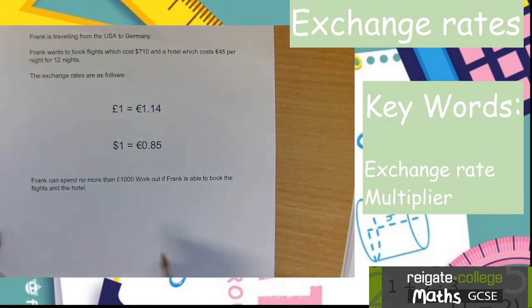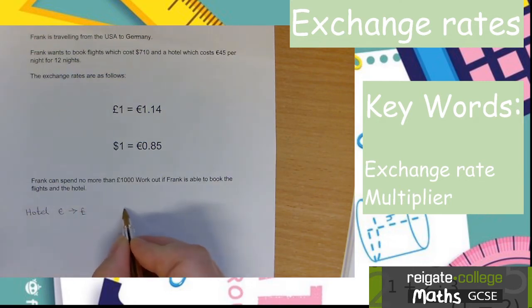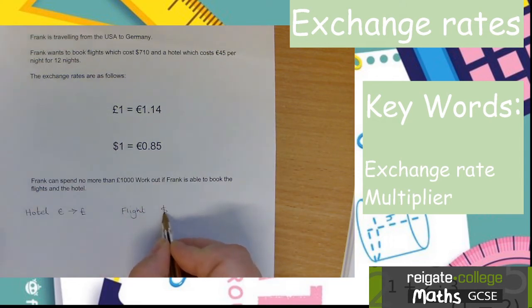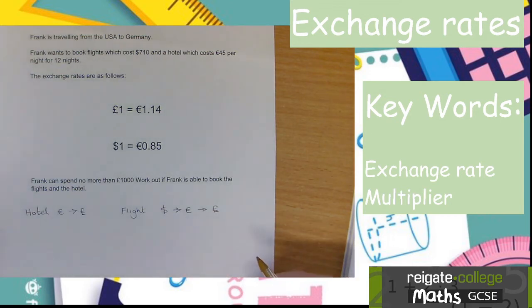So what we're going to do is organise our working so that we calculate the hotel cost, which is given in euros, and we need to convert it to pounds, and also the flight cost, which is given in dollars. So we have to first convert it to euros before we can then convert it to pounds in order to compare the final figure.